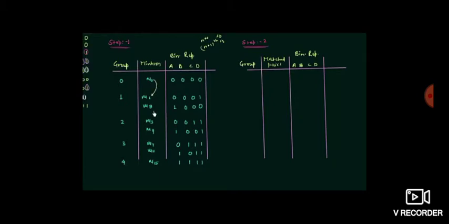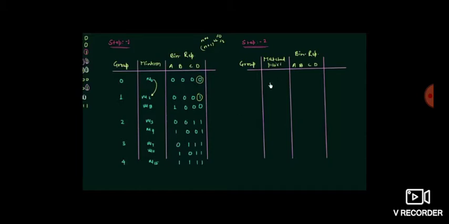So first we are comparing m0 to m1. We have observed clearly, m0 is all zeros, m1 is 0001. Here one different term will be there on the right-hand side, 0 to 1 is the changed value. The remaining three values are the same.